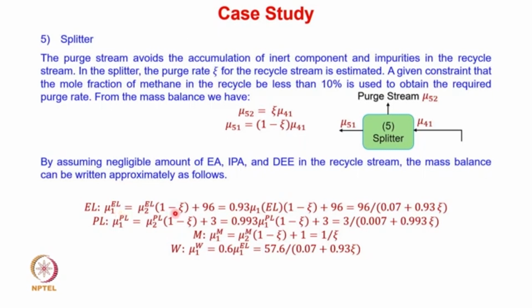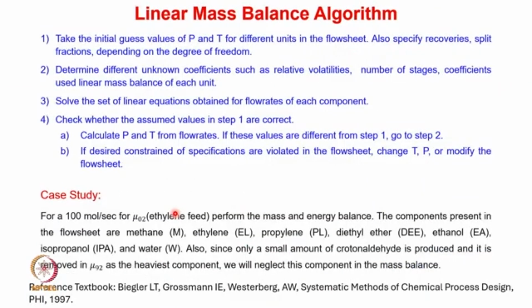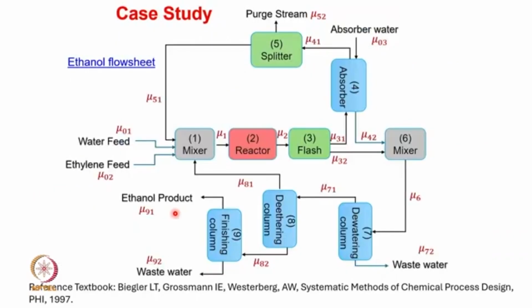In this particular problem, we have assumed 100 moles, isn't it? The problem statement says 100 mole per second is the feed. Out of this 100 mole, 96 moles will be ethylene, 3 moles will be propylene, and 1 mole will be methane.